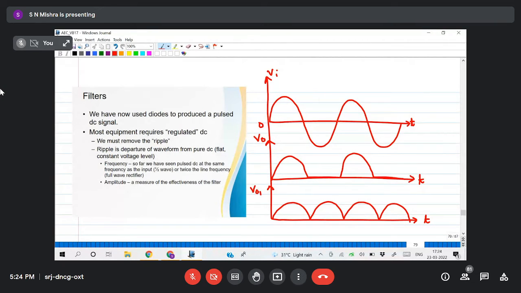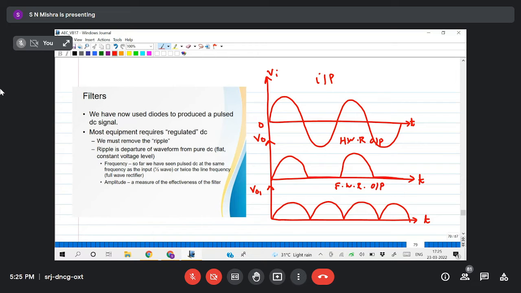Okay, 3 diagrams I have drawn. Tell me what we have drawn. This is input. This is half wave rectifier output. This is full wave rectifier output.